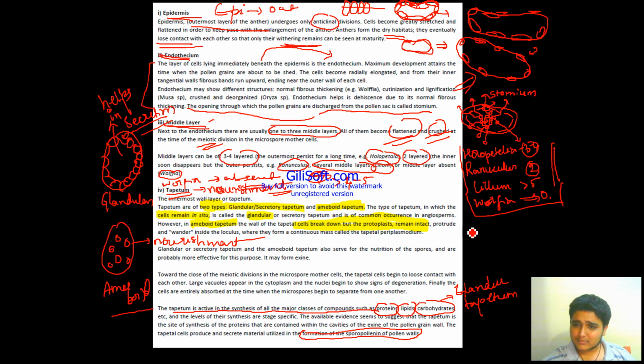So, always remember, sporopollenin is a very important compound in the pollen wall. Exine is made up of sporopollenin, and this is one of the most unbreakable, or I can say undecomposable, substances. Now, even enzymes can't break this.